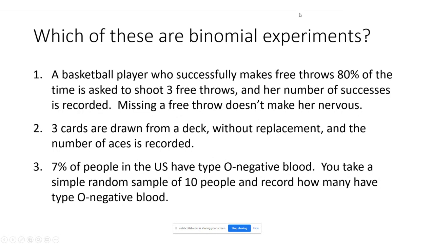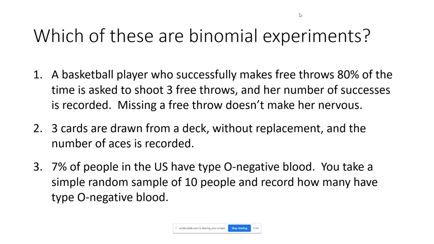How about this one? All right, let's see.